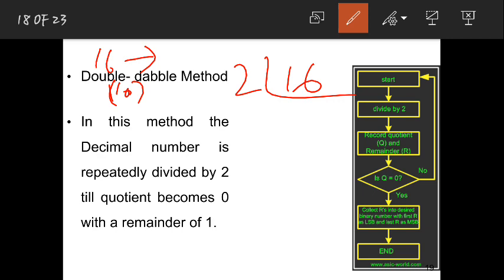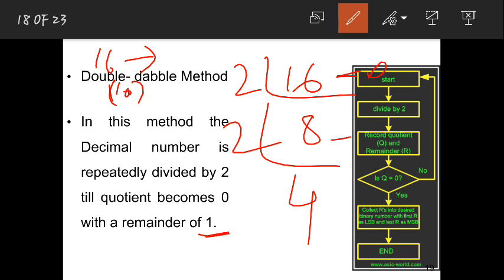So 16 divided by 2 is 8, and the remainder is 0. The quotient is 8 but I want my quotient to reach 0 with remainder 1, so again I divide by 2. I get 4 and remainder 0.